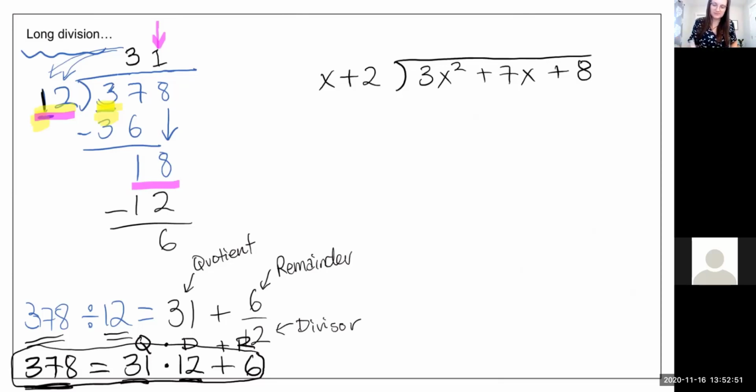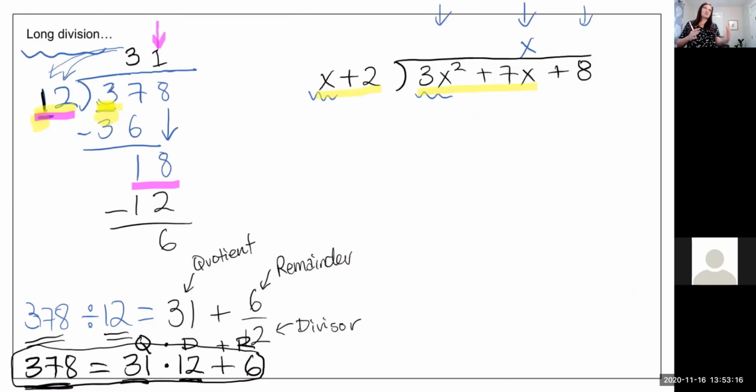You would go, the x plus 2 is going into the first 2 terms, and I can only look at the leading term in order to decide. So I know that the x must be multiplied by something, and you always want to make sure that if you are multiplying by an x term, it is lined up above the x terms, not above the x squared terms.